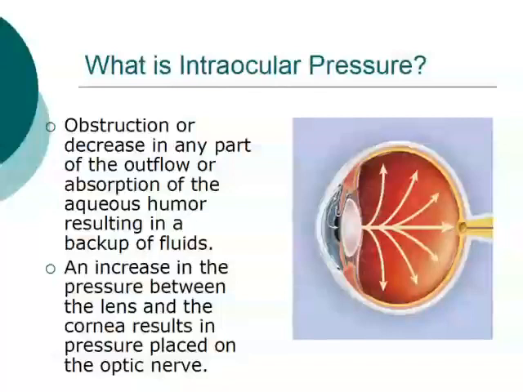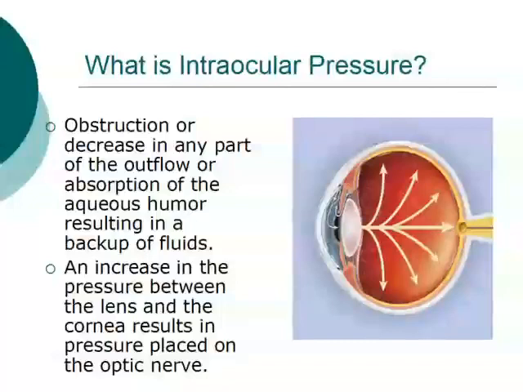The aqueous humor is actually produced in the posterior eye chamber and then flows to the front of the eye and then flows out of the eye through those side canals that you saw on the second slide called the canal of Schlemm. From there, this extra aqueous humor flows into the venous circulation and just gets reabsorbed.